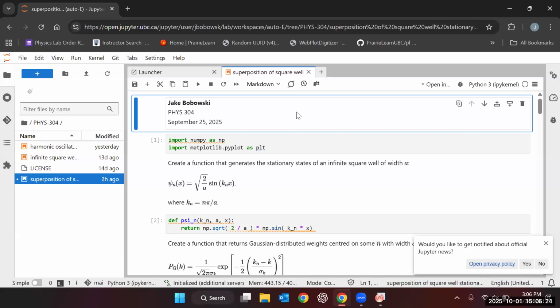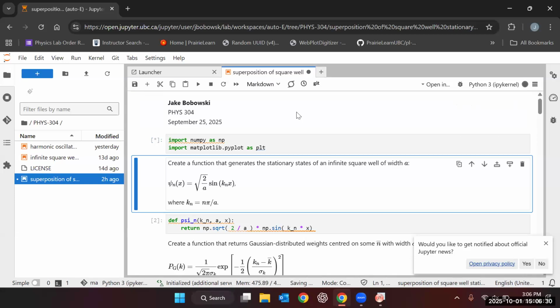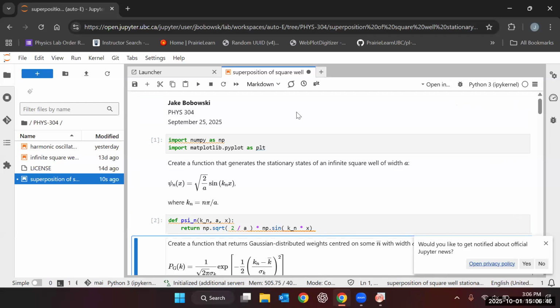This one is linked on the course website. Let's just go through this quickly. The first thing I'm going to do is define a function that generates exactly the stationary states: square root of 2 over a, sine of k n x.